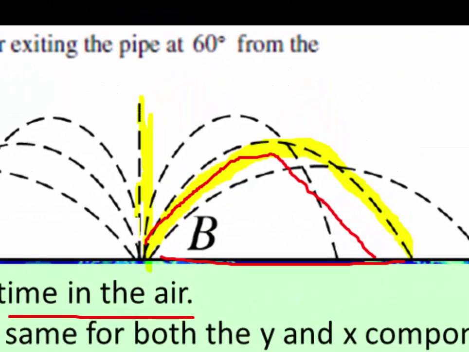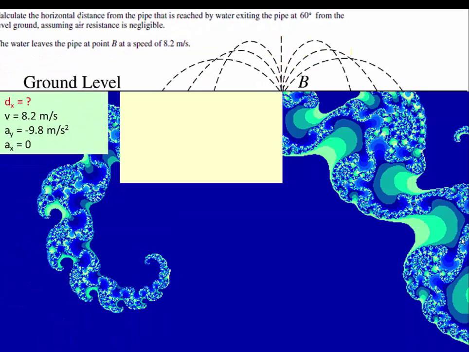Notice, as you'd expect from common sense, that the center spout goes up the highest. Then the next spout, with the next smallest angle, goes up not quite so high, and the 60-degree one goes up not as high at all. So if it's not going up as high, it's not in the air as long. So we have to calculate the time in the air again.